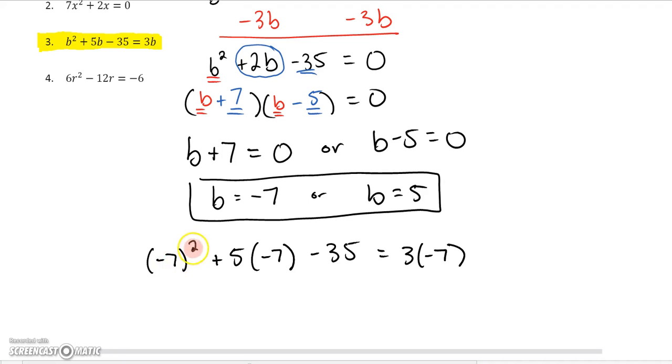Negative 7 squared is 49. Negative 7 times negative 7, and 5 times negative 7, negative 35, and another negative 35. And negative 7 times 3, negative 21.